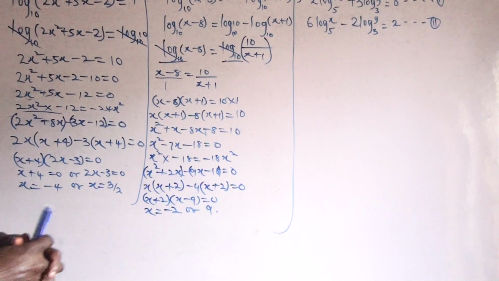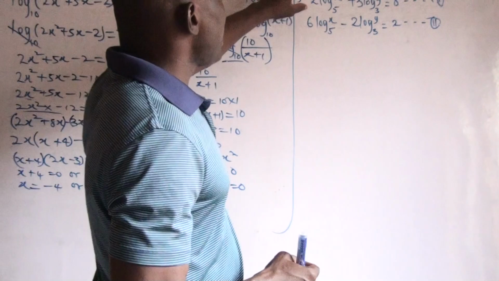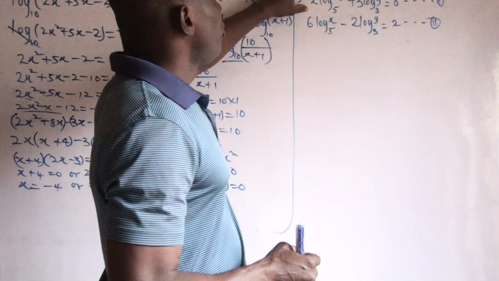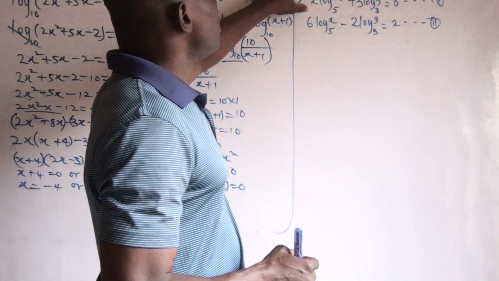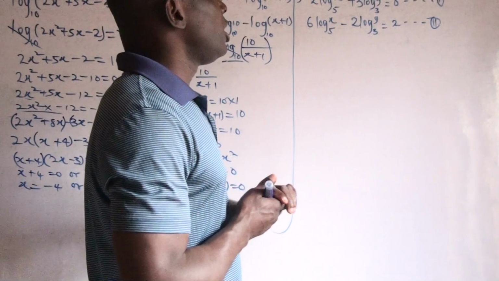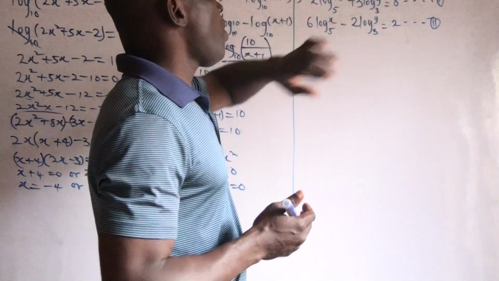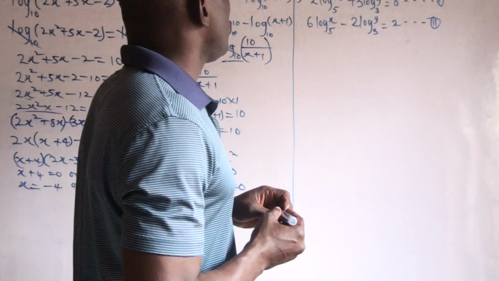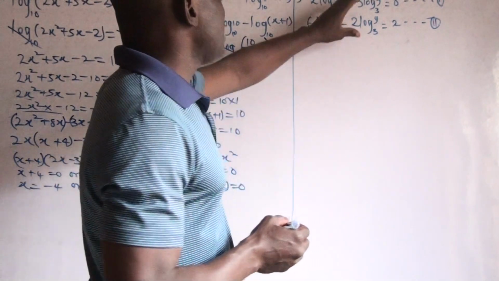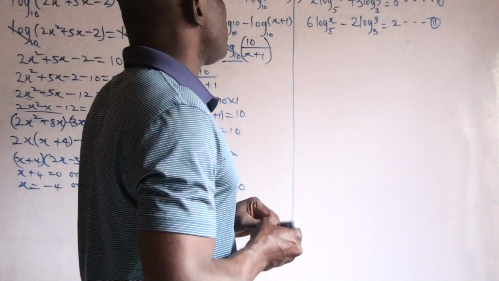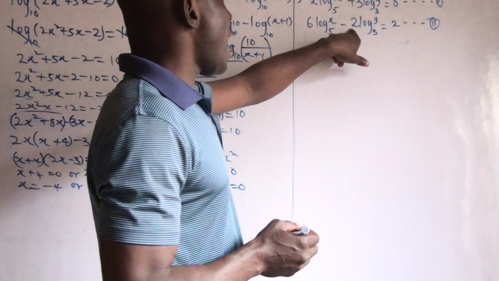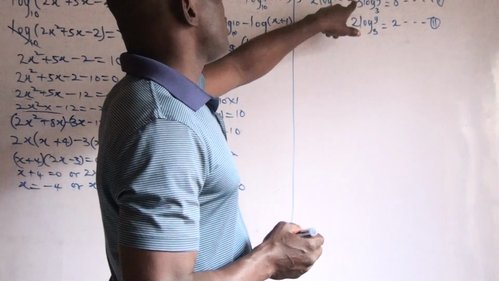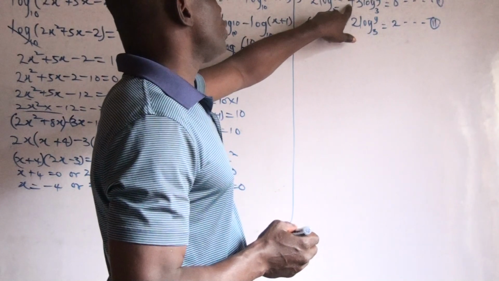By simply saying that we multiply equation 1 by... We look at which of them we need to eliminate. Do we need to eliminate y first, or do we need to eliminate x? Okay, now if I want to eliminate y, let's eliminate y in this question. So we look at the coefficient of y in equation 2 and that of y in equation 1.